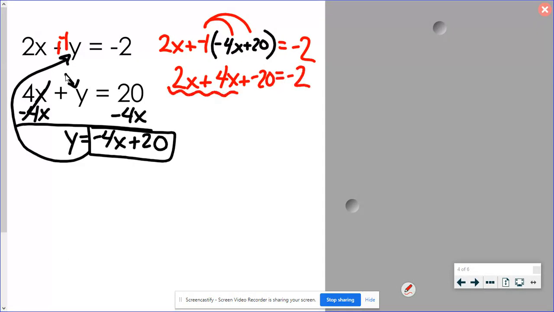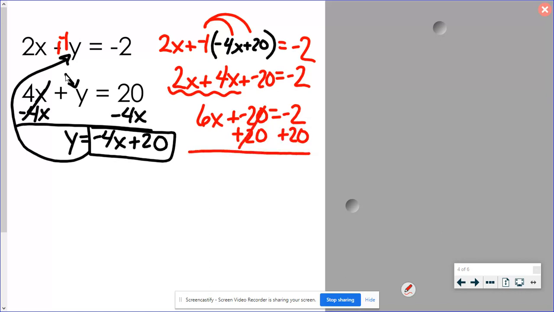So when I put those two together, that's going to be 6x. And we would add the 20 then. Negative 2 plus 20 is going to be 18. So the x is equal to 3.